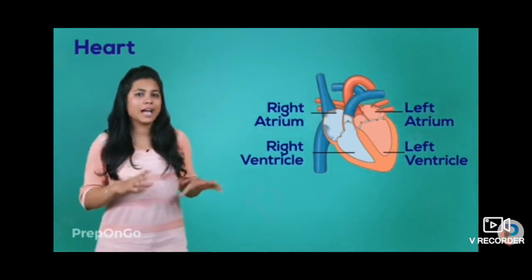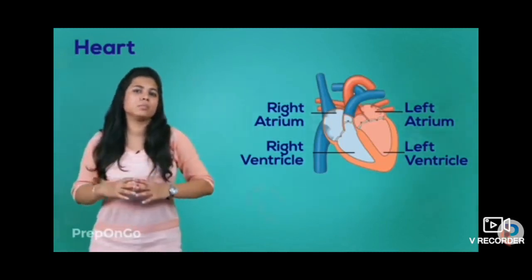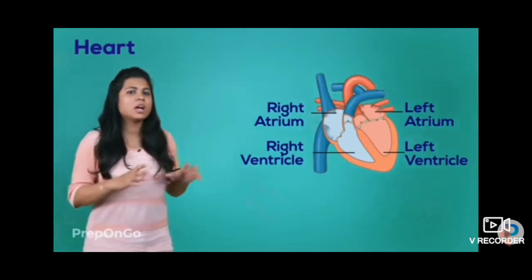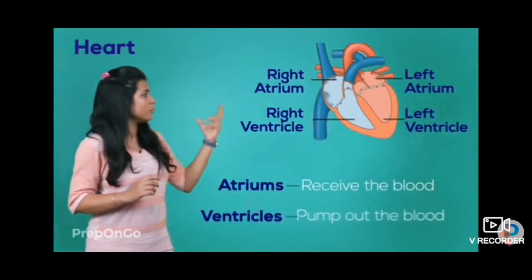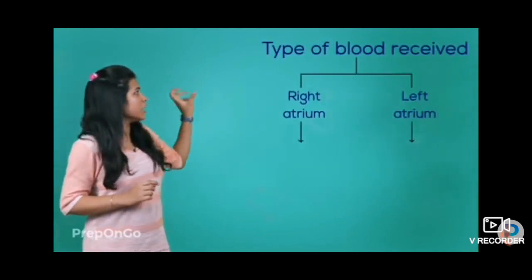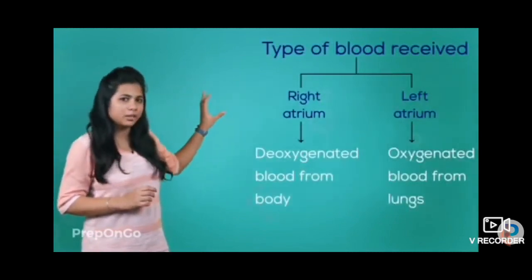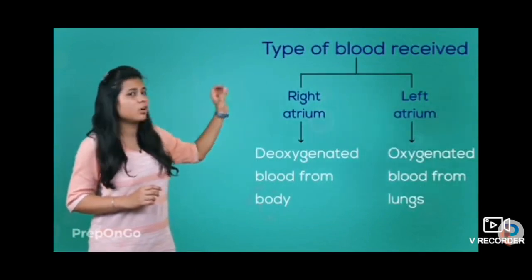Now, the heart relaxes and contracts to receive and pump out the blood respectively. The atria are responsible for receiving the blood, whereas the ventricles are responsible for pumping it out. The right atrium receives the deoxygenated blood from the body, whereas the left atrium receives the oxygenated blood from the lungs.